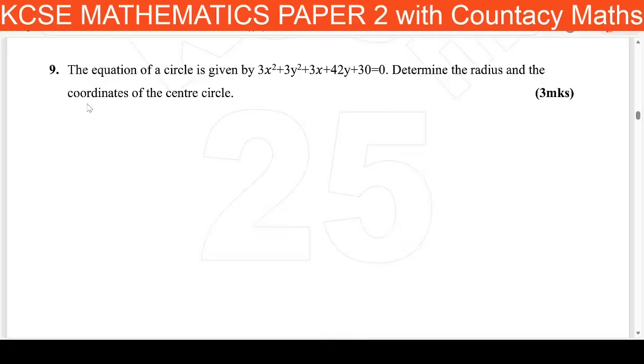From what I see, this question will turn out to be a bit interesting. 3x squared plus 3y squared plus 3x plus 42y. I get a lot of people saying that they have challenges with solving equations of a circle, but that should come to an end from this particular part once you solve it.